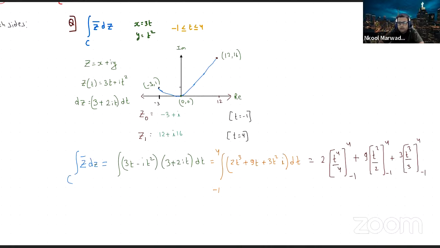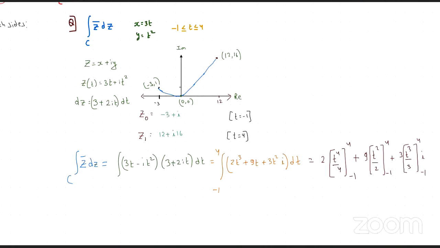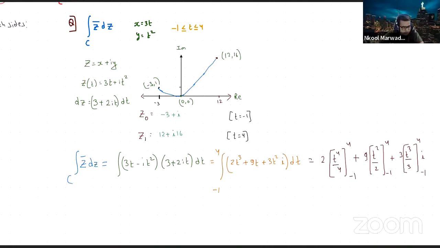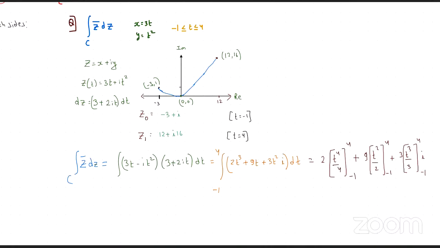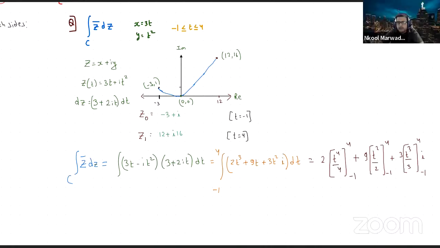And you can just put the limits. i will act as a constant, the imaginary part, it will act as a constant while integrating.